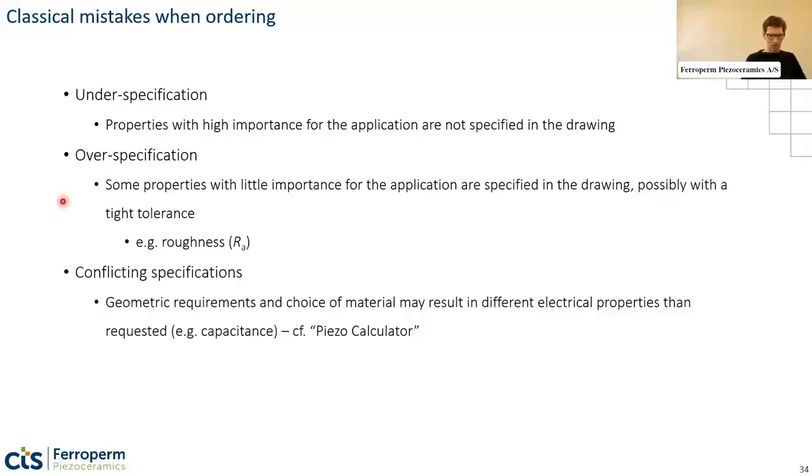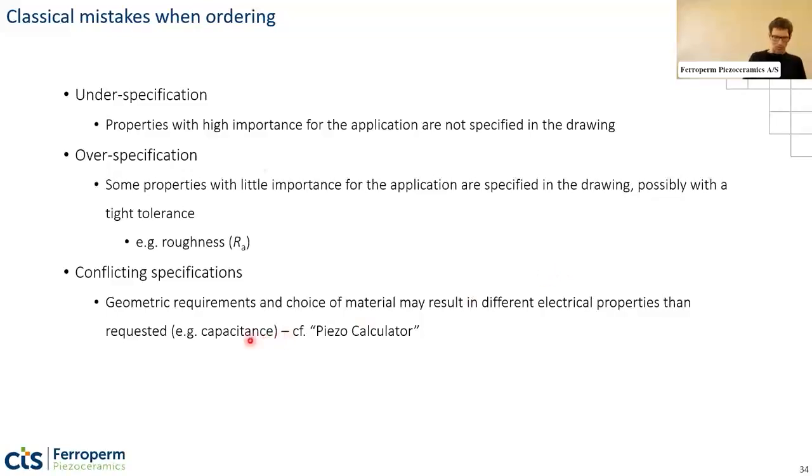Another point could be conflicting specifications, because the geometry of a material may actually be in contradiction with some other properties that are really related to the physics.